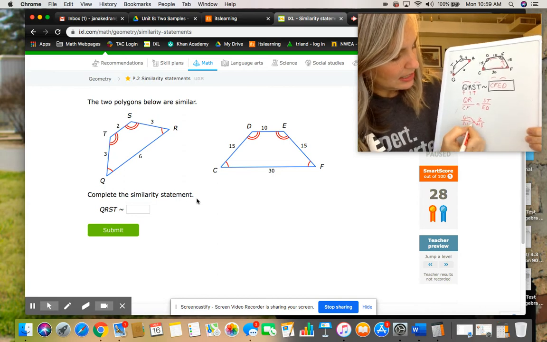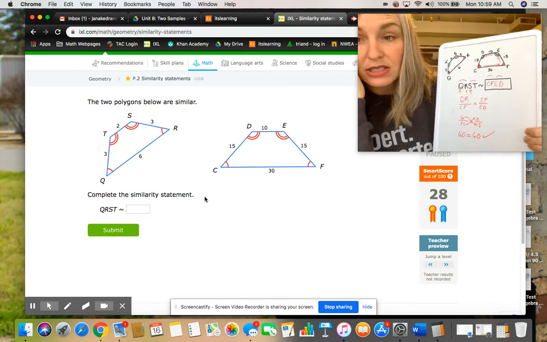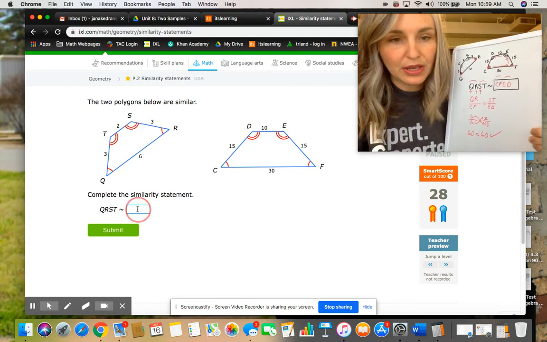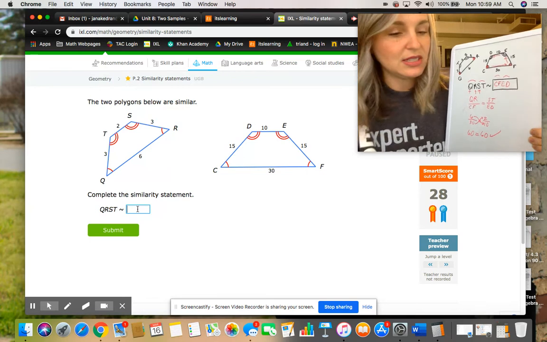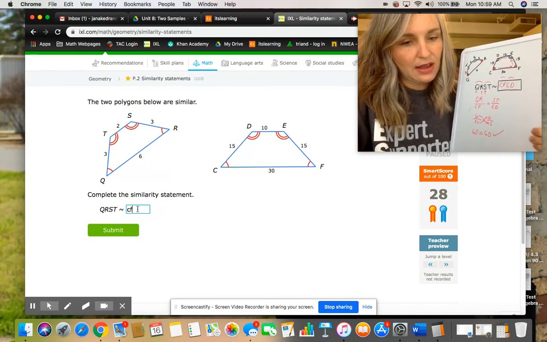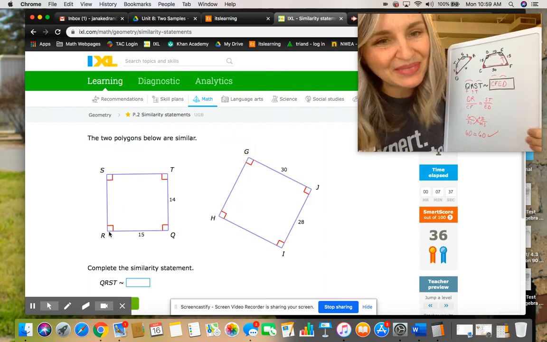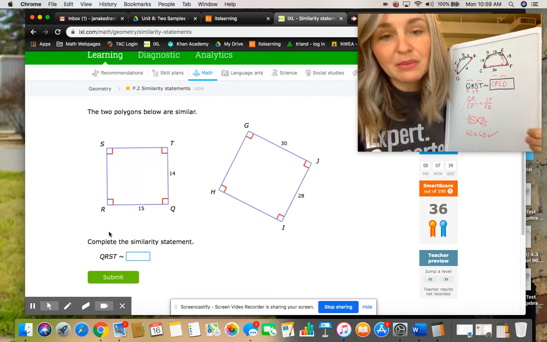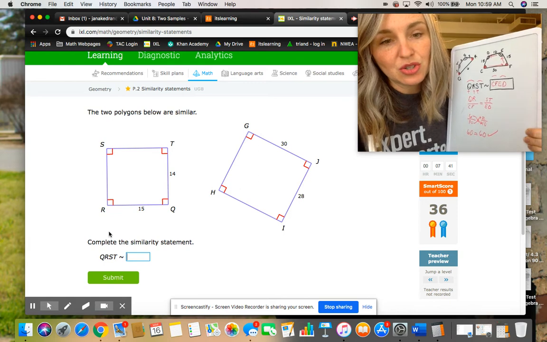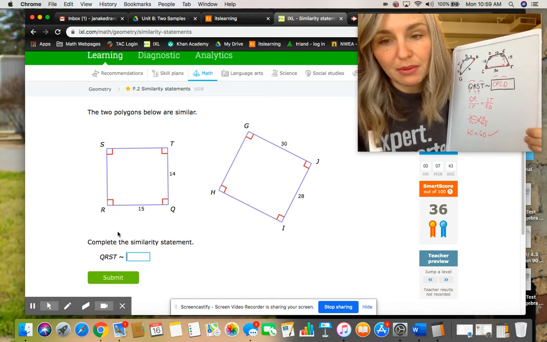So 60 is equal to 60, and so it does check. And so I could put into my answer CFED, CFED, and hit submit. Yeah? So all these are pretty similar to that, making sure that you are keeping your ratios up.